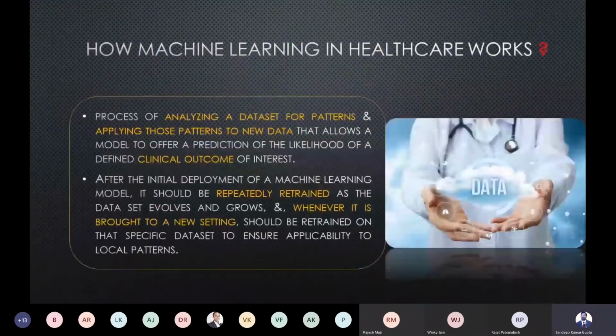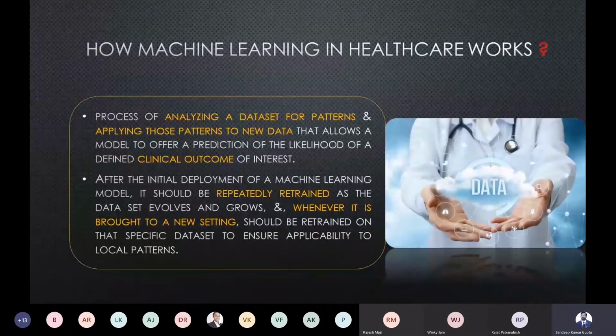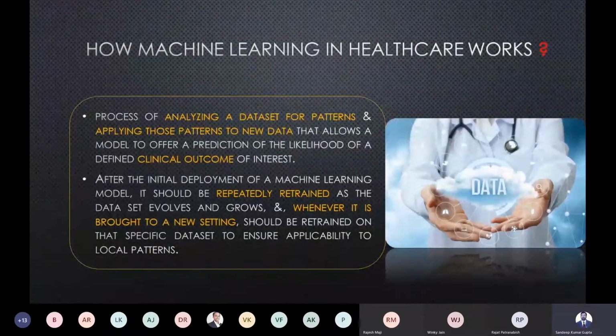So moving ahead, how does machine learning in healthcare work, right? You would have heard of this term, it's kind of a buzzword now, very much in use in different industries. It is the process of analyzing a data set for patterns. This is the first step, right? We analyze what sort of patterns are there in our data and then apply those patterns to new data.